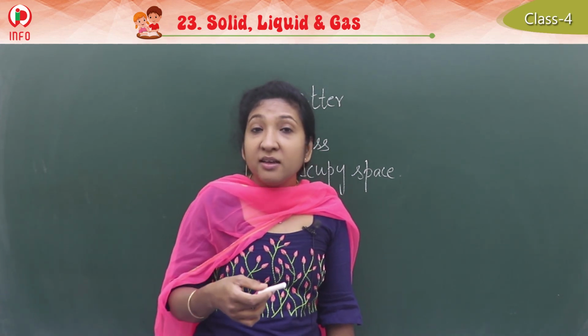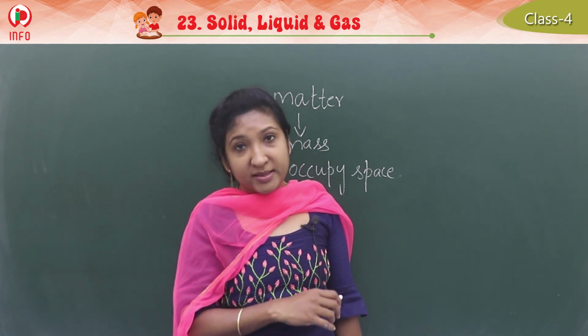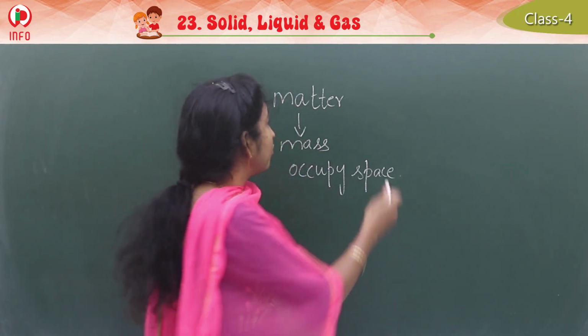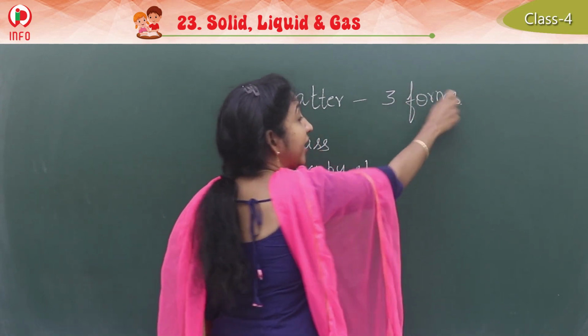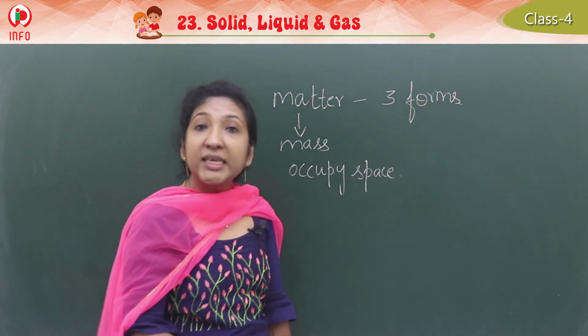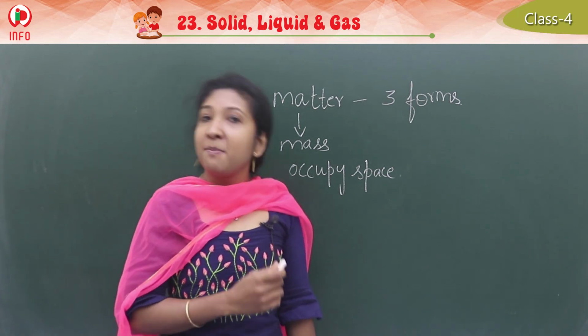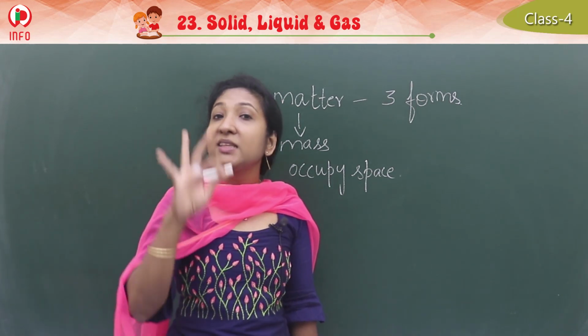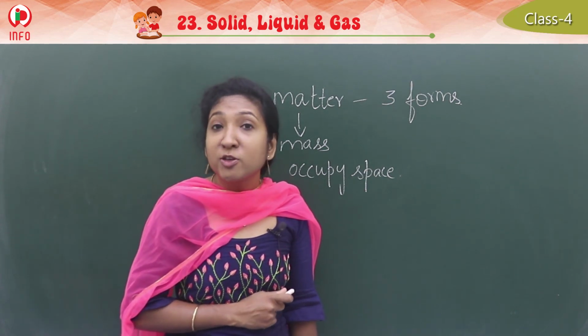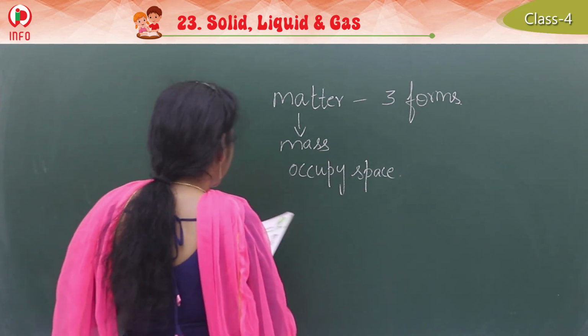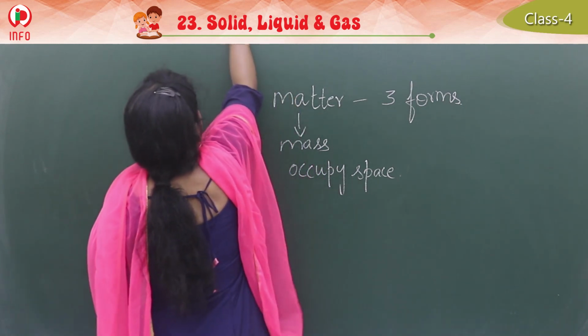And this matter is found in three forms. Today we are going to learn about these three forms of matter. Which are these three forms, do you know? Solid, liquid and gas.